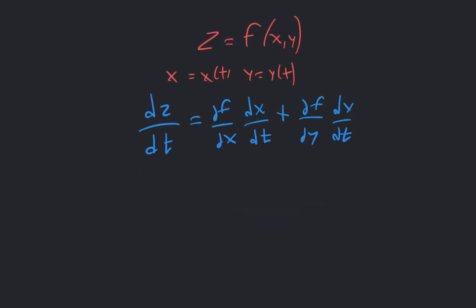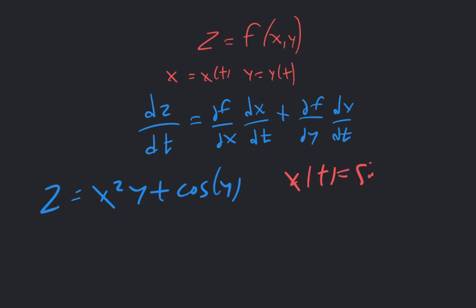For example, let's say z is x squared y plus cosine of y, with the parameter that x of t is equal to sine of t, and y of t is equal to e to the t.